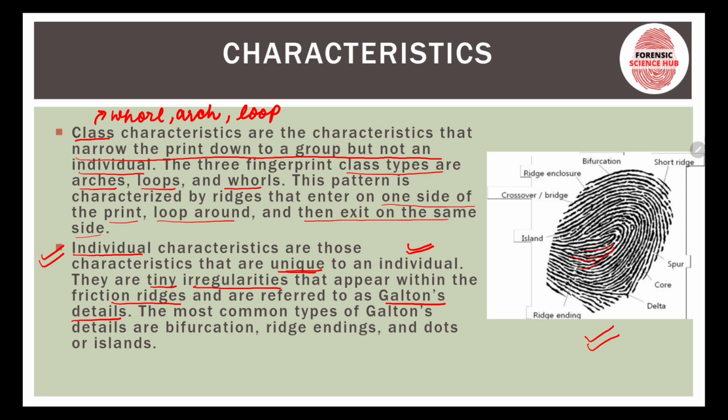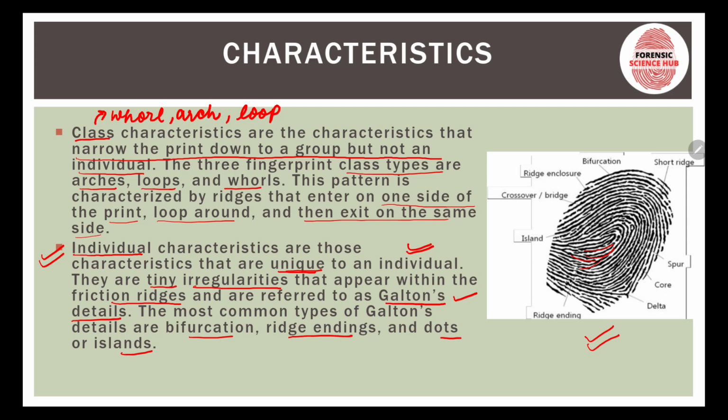I will discuss ridge characteristics in detail in the next slide, but for now you can know that some of the types are bifurcation, ridge ending, dots, islands, etc. And these different types of individual characteristics, or we can say Galton's details, or minutiae, are present in different numbers at different positions in each and every individual in the world.